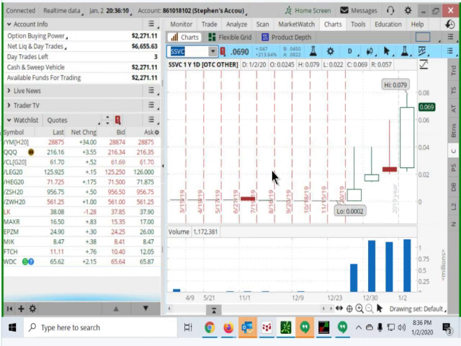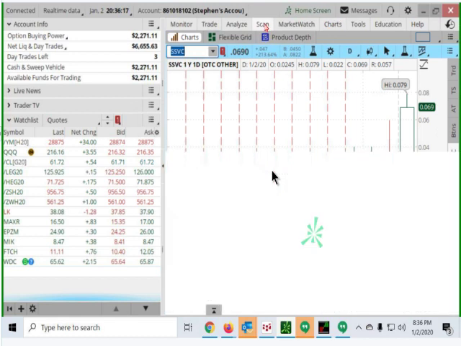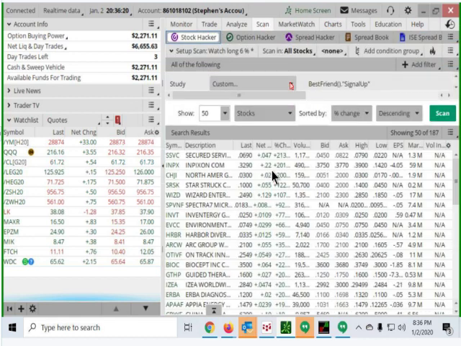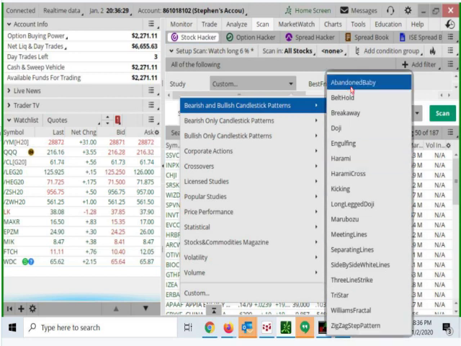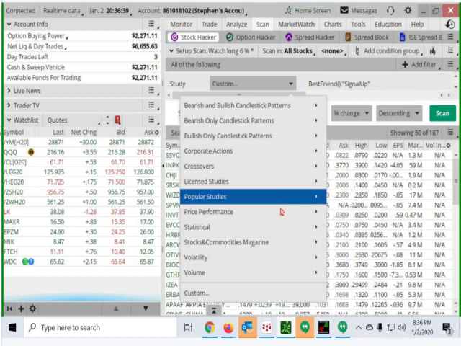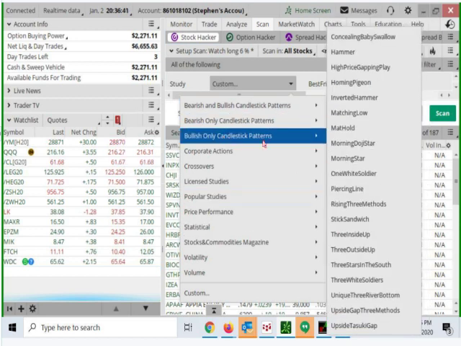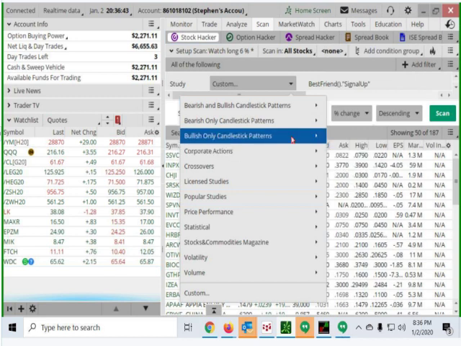These are, yeah, there's the basic studies in Thinkorswim. Let me see if I can get to them again. Yeah, so there's all the bullish and bearish candlestick patterns. There's all the different patterns. You don't need to have all of these. You probably only want to look at a few like the doji, engulfing, harami, kicker signal. The rest of these don't occur often enough. Or just the bullish ones might be your morning star signal.